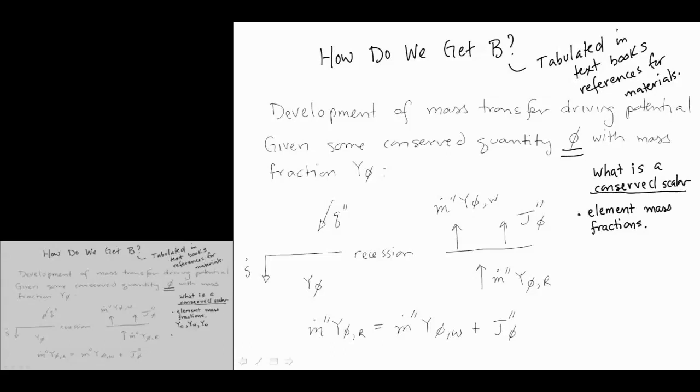In the absence of radiation, we can think about the enthalpy as being conserved. And obviously we've thought about this in terms of combinations of variables that can be cast as conserved scalars.